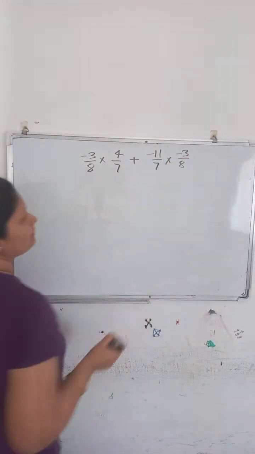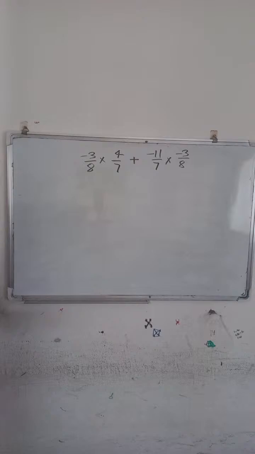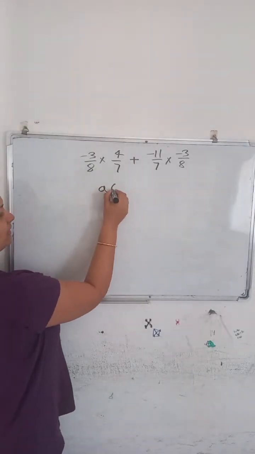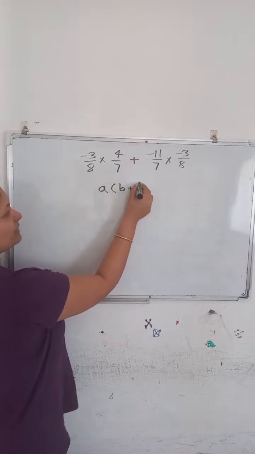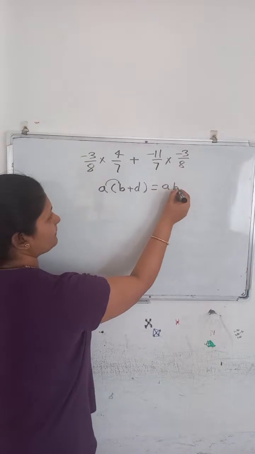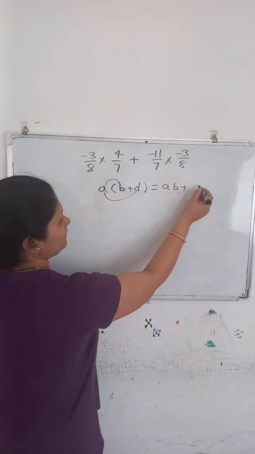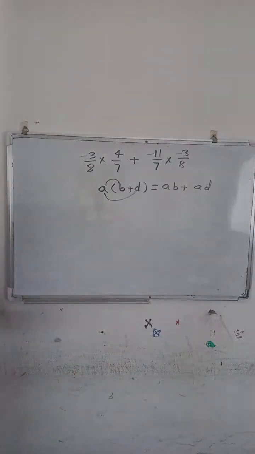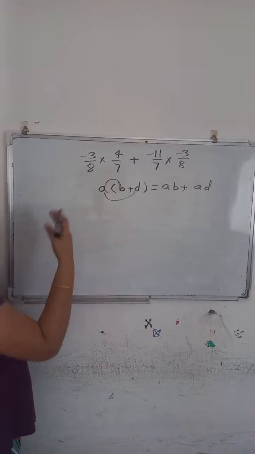What is distributive property? Suppose A and inside the bracket B plus D is there, then we write A into B plus A into D. This is the distributive property. So if we take it out, it is the reverse of this.